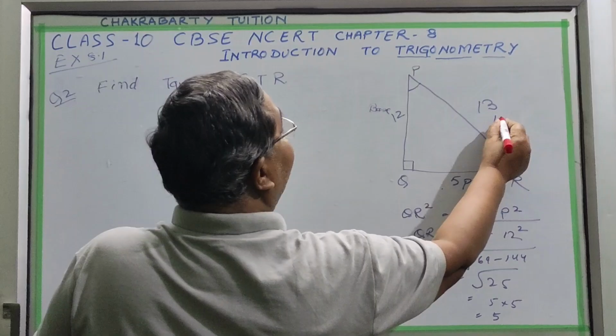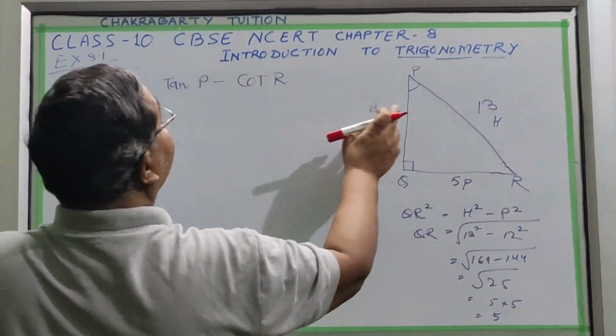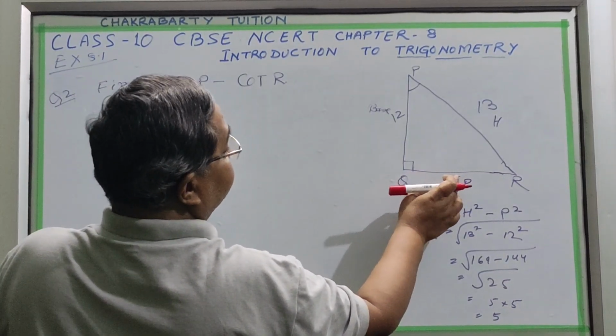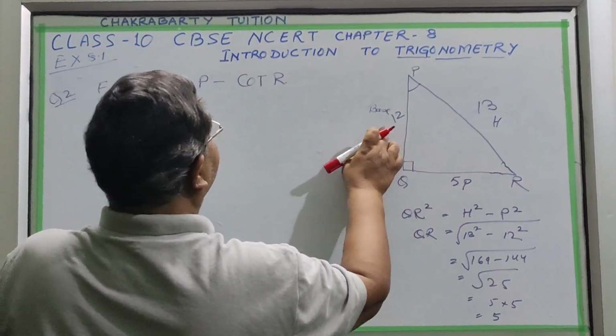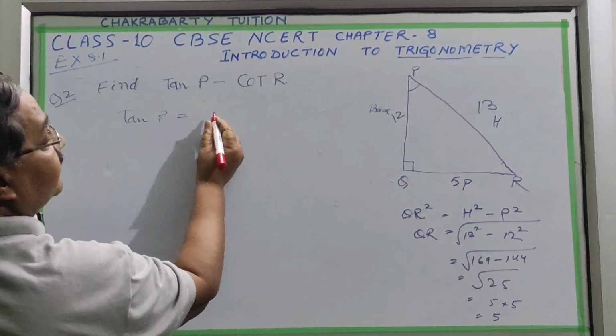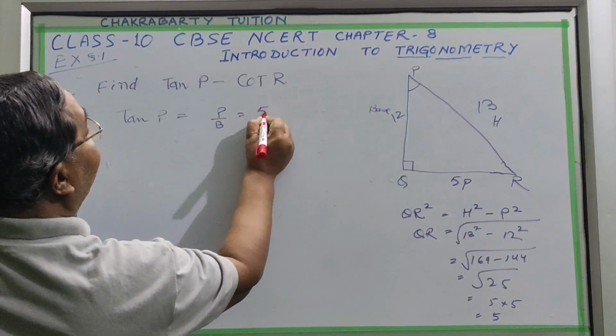The larger one is always hypotenuse. So here you want tan P. Tan P means perpendicular upon base. So tan P is equal to perpendicular upon base is equal to 5 upon 12.